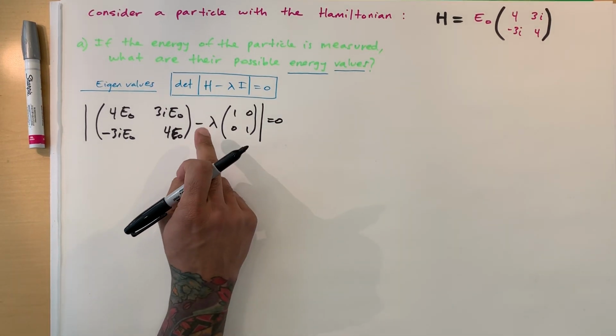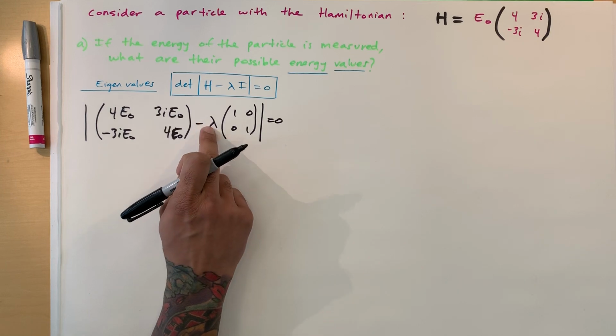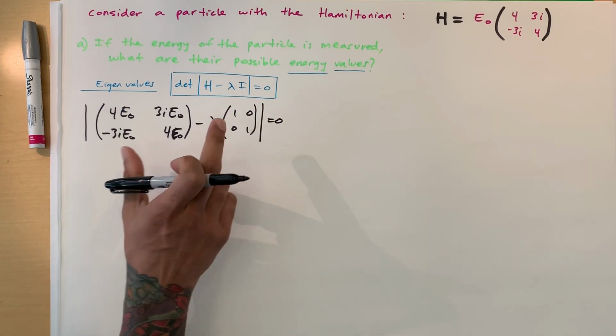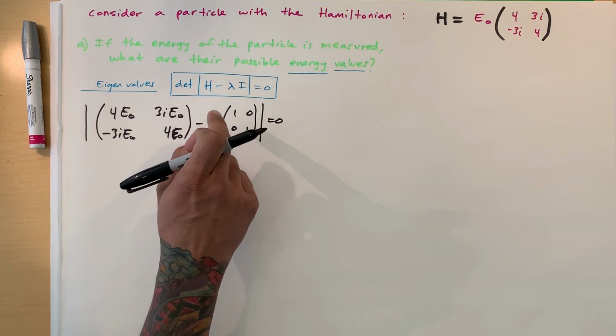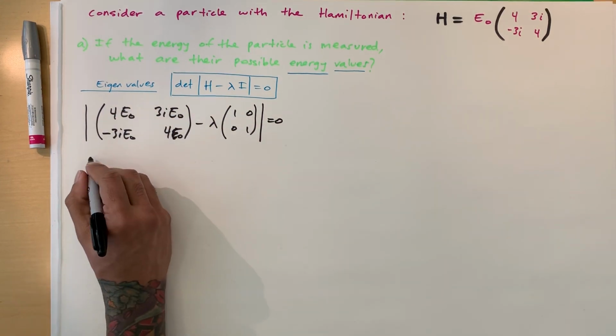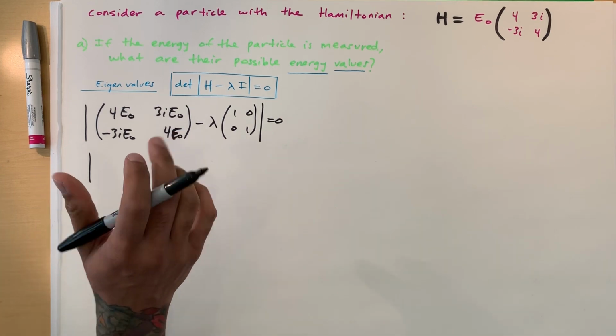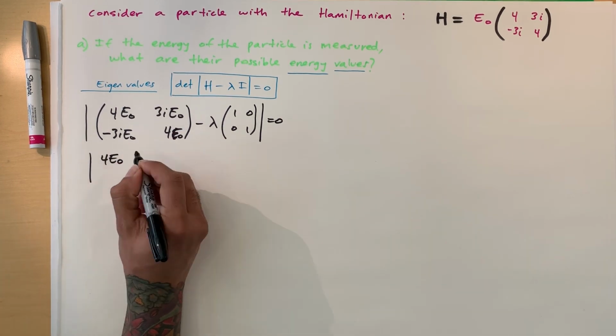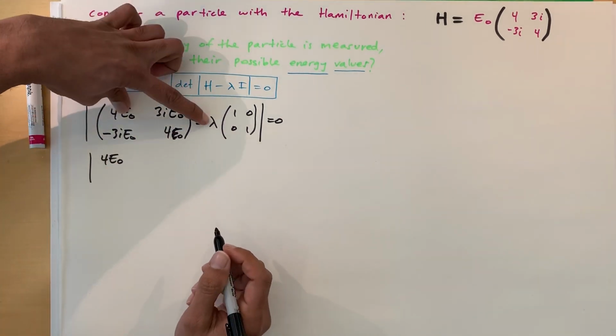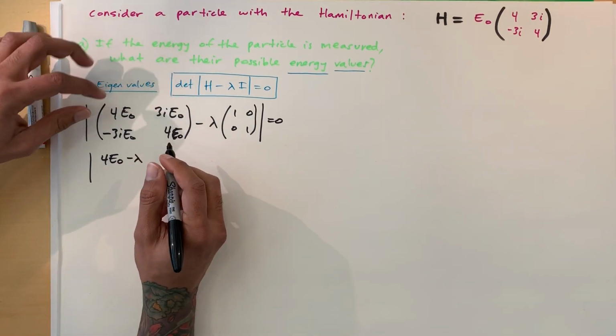All right, our next step, let's distribute lambda into this matrix and then subtract it from this side. So our determinant is now going to have 4 E naught minus lambda in the top left.